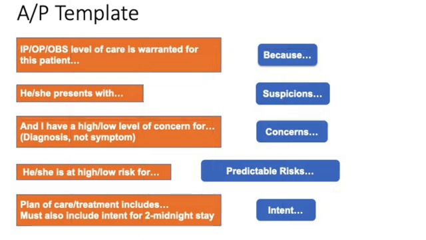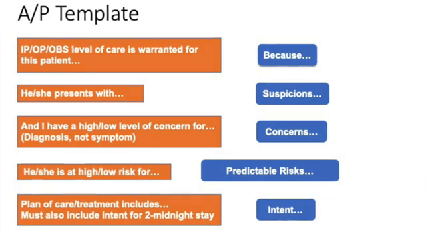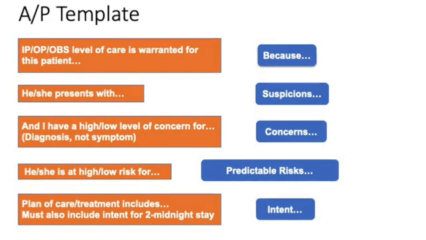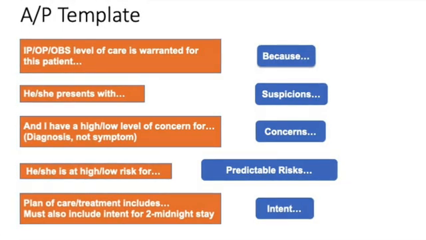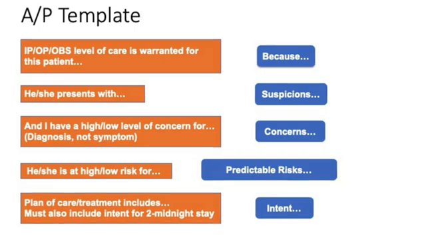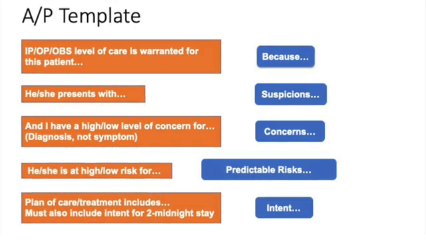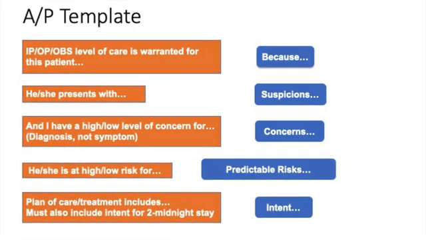Here is a template that becomes very useful and gives a great example of how those 4.5 guidelines can be used. Inpatient, outpatient observation level of care is warranted for this patient because he or she presents with, and here you can list your suspicions, and I have a high or low level of concern for, and it must be a diagnosis, not just a symptom.